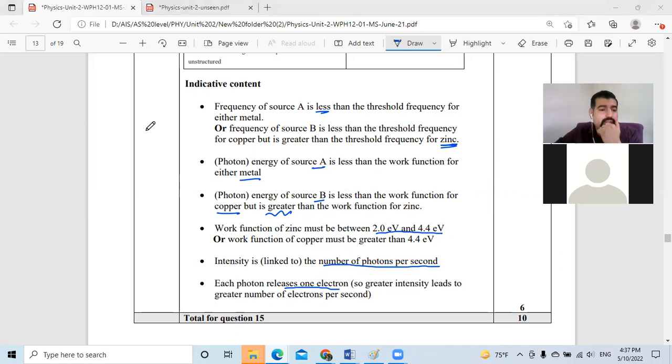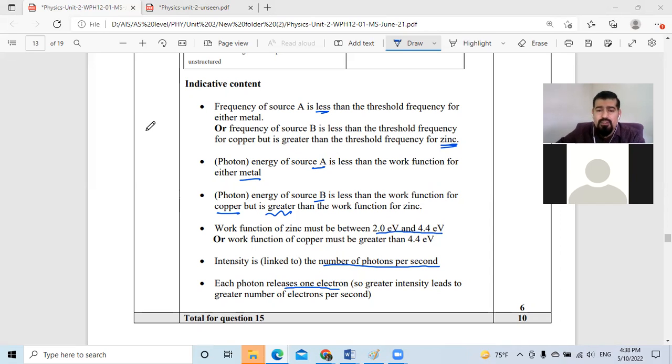One of the answers, from Hamza: light consists of photons, and each photon has energy that depends on its frequency. So the energy of a photon equals hf. The energy of the photon is directly proportional to the frequency of light. And the electron will gain all of this energy from one photon, since each photon interacts with one electron.